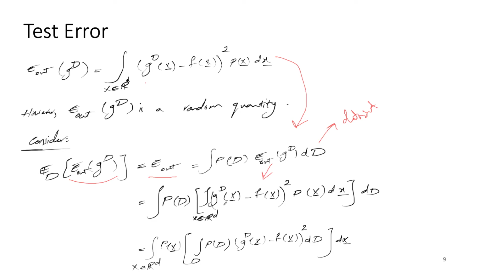And you try to solve this. It's going to be the first integral of p(x) over the inner one, which itself has p(D) of g_D(x) minus f(x) raised to 2 dD. So you got the point here? Because E_out itself is random, in order to compute the test error, we have to treat it as another test example for itself. That's why we are making it a nested function here.